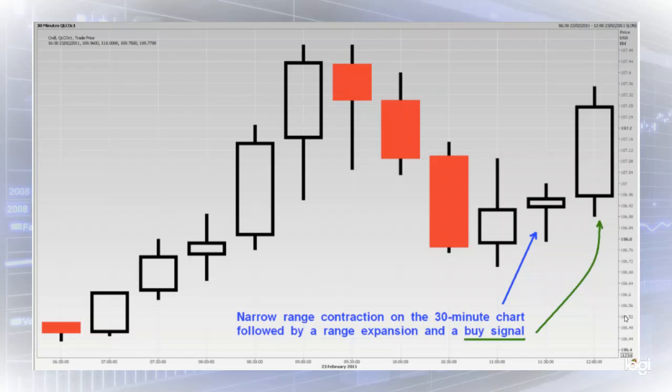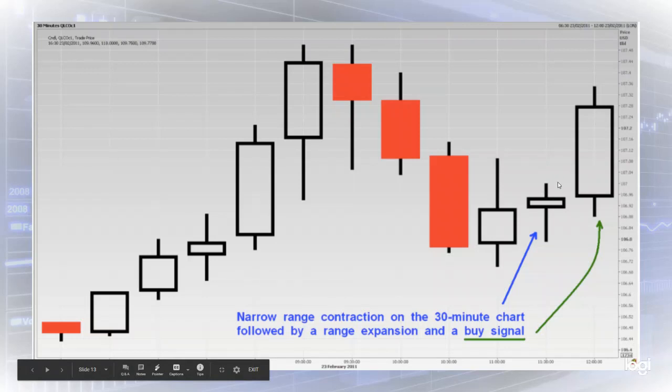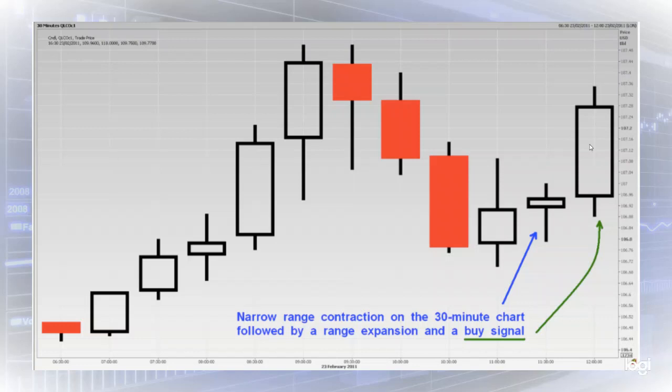So the range does increase, but we broke upwards to signal a buy and then went down afterwards. That is still an increase in volatility, still an increase of the range, but it wouldn't have been a great trade. We would have had to have our stop at the low of the candle, so we would have entered this trade.